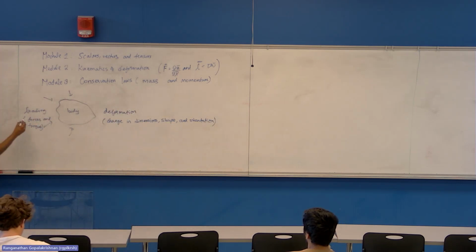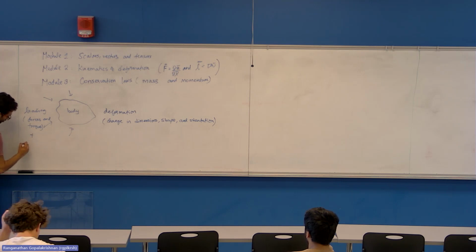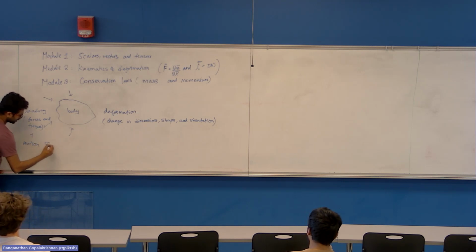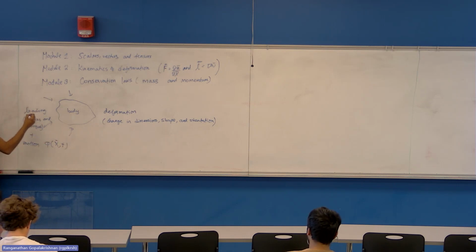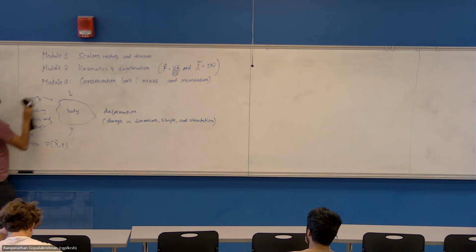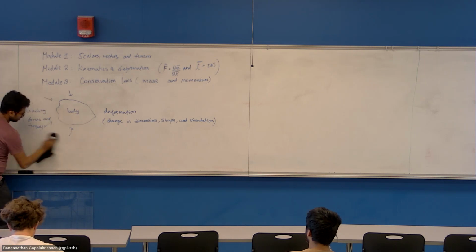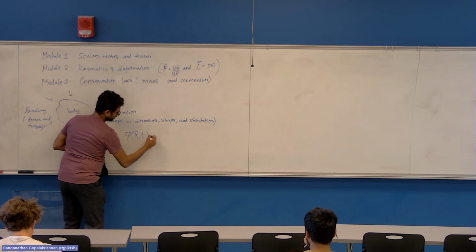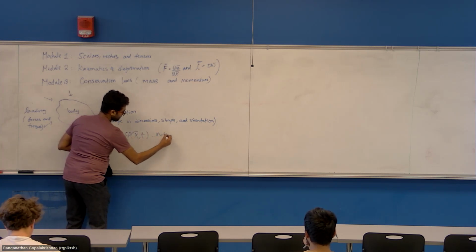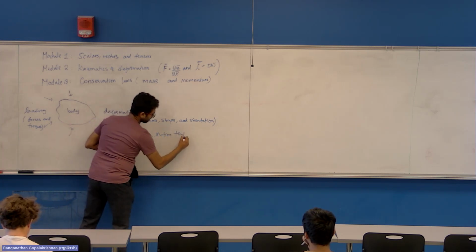And if the loading is also, there is loading plus there can also be motion. So remember, motion is phi of x comma t, whereas deformation or loading itself is phi of x. Sorry. In general, phi of x comma t is motion. That includes deformation.